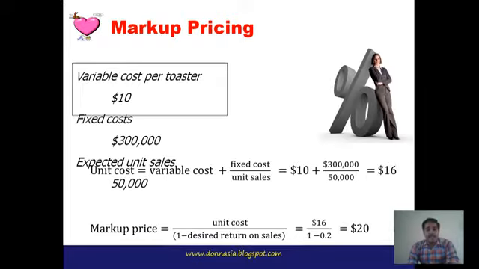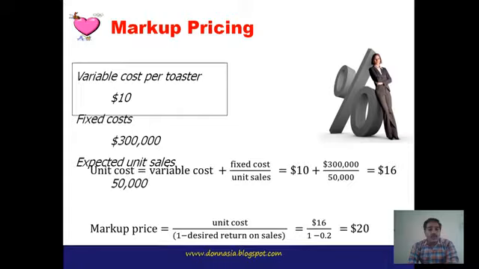So here the variable cost is $10 plus fixed cost $3 lakh upon unit sales 50,000. So it is equal to $10 plus $3 lakh divided by 50,000, which is 6. So $10 plus 6 is equal to 16. So unit cost in our example is 16.